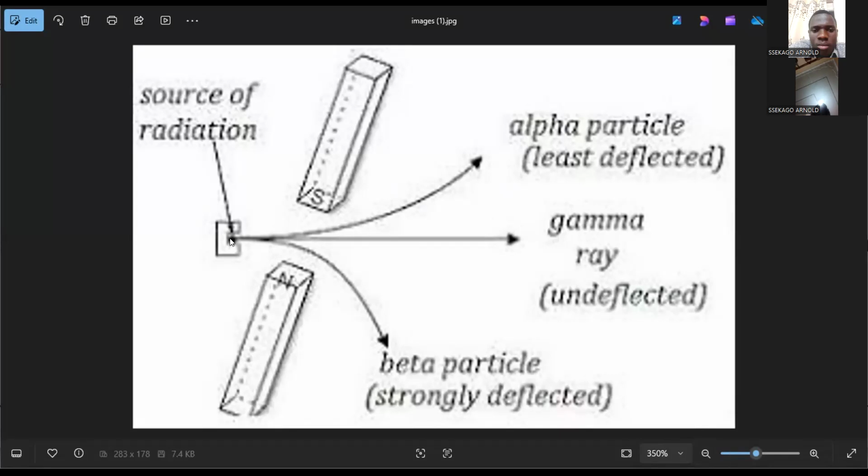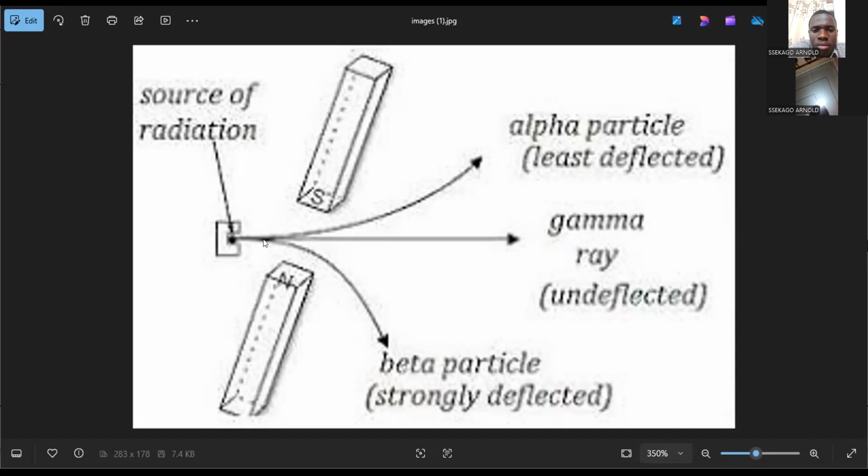If it undergoes radioactive decay and produces an alpha particle, the alpha particle will be deflected towards the south pole. The south pole is the direction that shows that they carry a positive charge. Then the beta particles, if they are emitted, will be deflected towards the north pole. The north pole is the direction that shows that they carry negative charge.